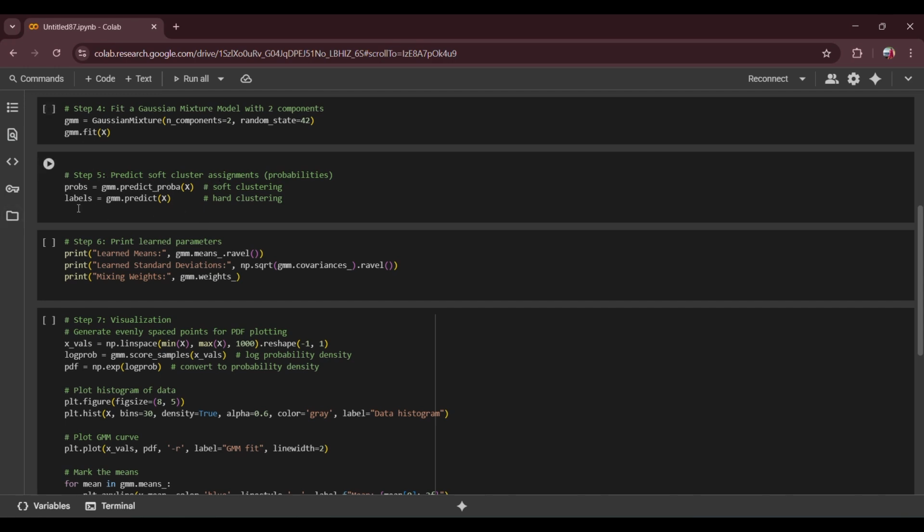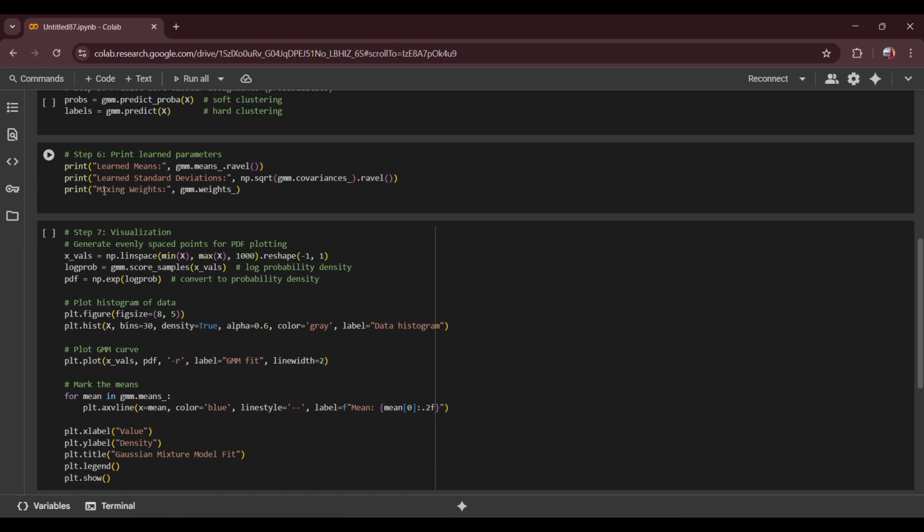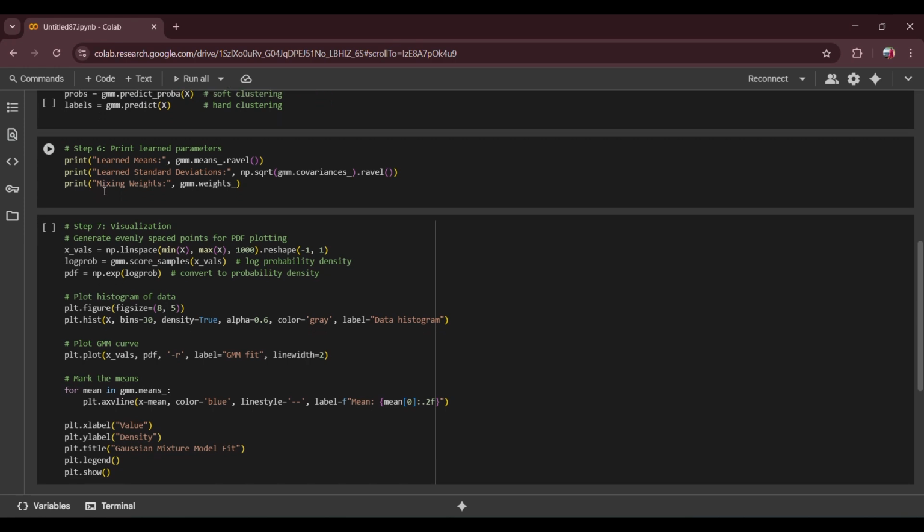Then predict gives a hard clustering, which labels the most likely cluster for each point. For example, a point might be 70% in cluster 1 and 30% in cluster 2, but predict will just assign it to cluster 1. Understood?